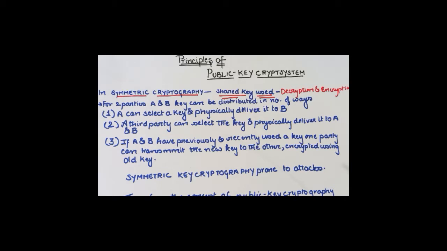It is the third party's responsibility to go to the sender and the receiver and tell A that this is going to be the shared secret key for communicating with B, and tell B that this is going to be the shared secret key for communicating with A. So this is the second method wherein the third party decides upon the key, and delivery is also the responsibility of the third party.